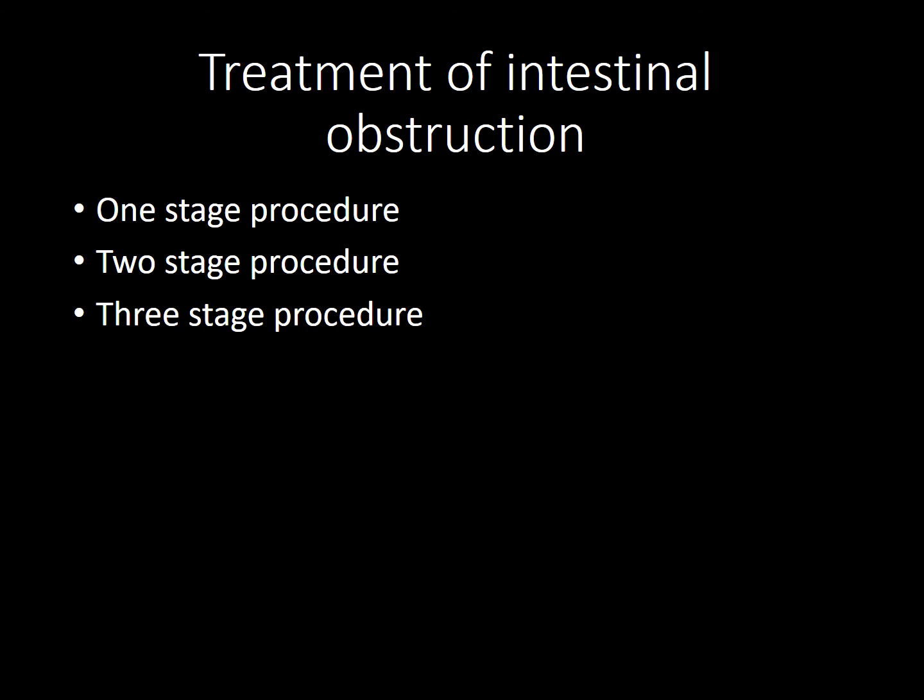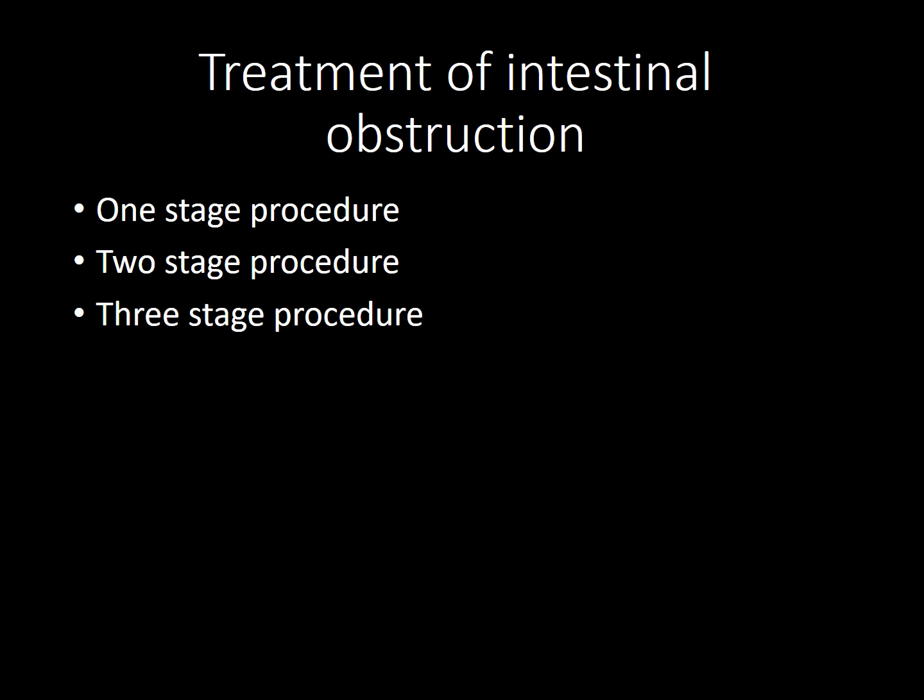Or the three-stage procedure. This is done in patients unfit for surgery, dehydrated, emaciated, everything is abnormal. So we just do a right transverse colostomy or ileostomy until the patient is quite good, and then go in and make the resection after 1 week or so, and then go in after 3 months and close this colostomy.